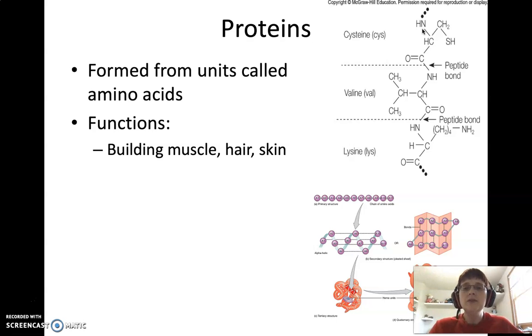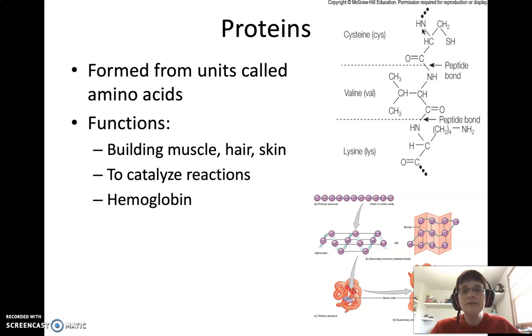So they're used to do things like build muscle, hair, skin. So they are a structural polymer. But they're also used to catalyze reactions, meaning that they actually help reactions go. Like they help speed them up so that the reactions can happen faster than they normally would.